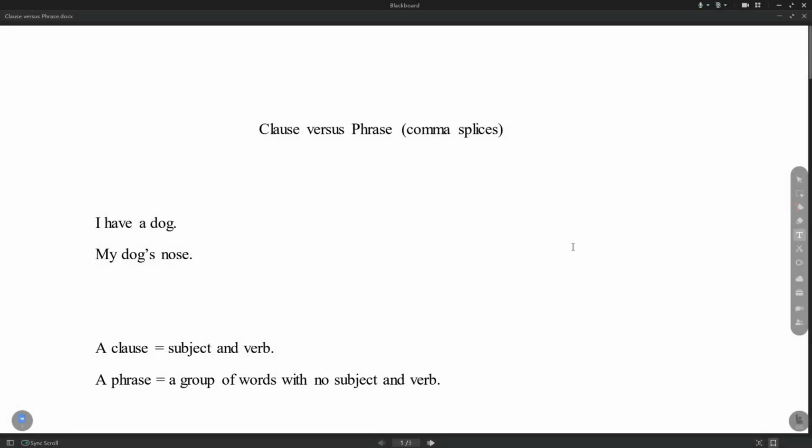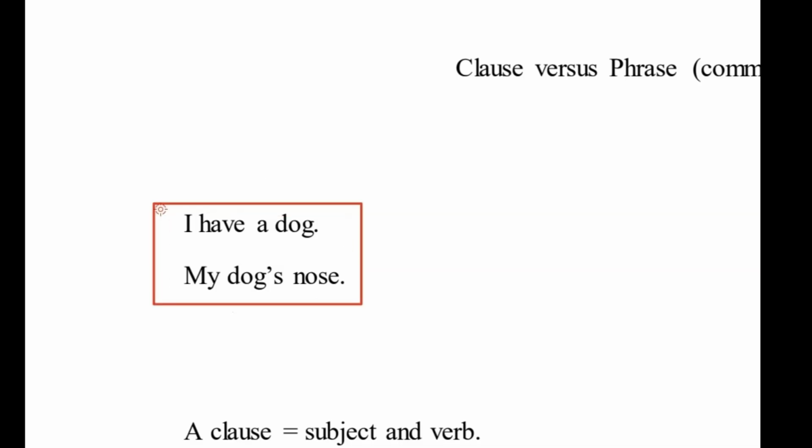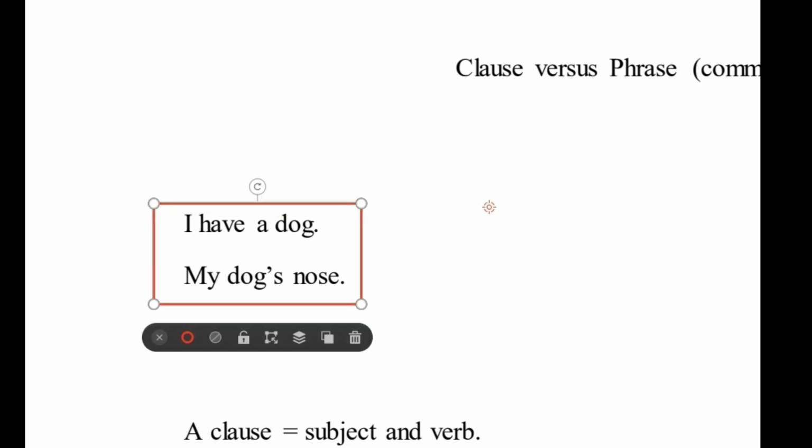Let's get into this. Clause versus phrase with reference to comma splices. We'll get to the comma splices in a minute. We have two sentences up on the board here. Well, actually, I shouldn't say two sentences. One is a clause and one is a phrase.